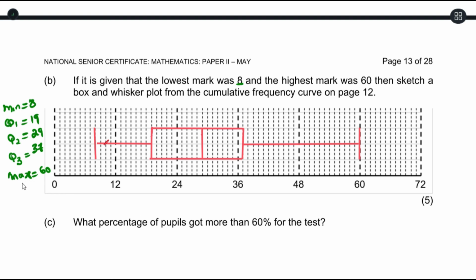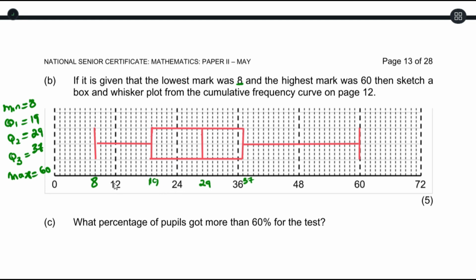Okay, so this is your box and whisker plot. The values we need to put down are the minimum value, 8, the maximum, 60, Q3 which is 37, Q2 which is 29, and Q1 which is 19.